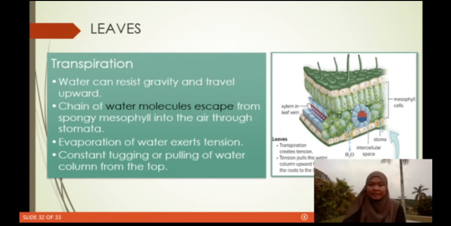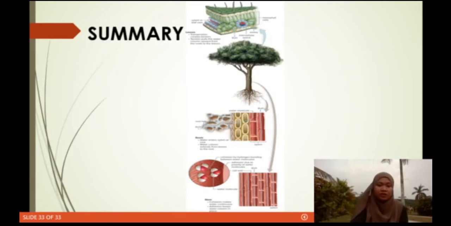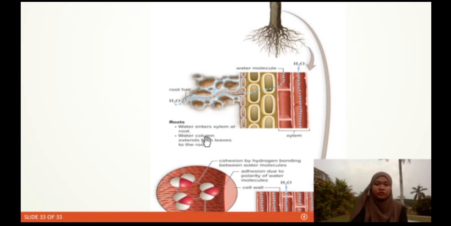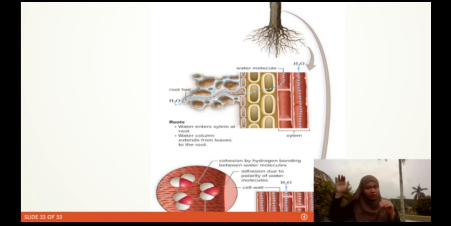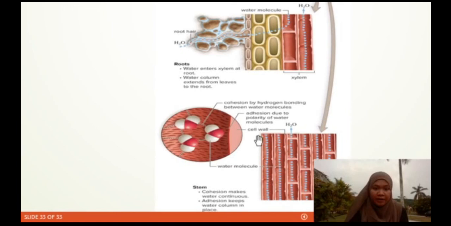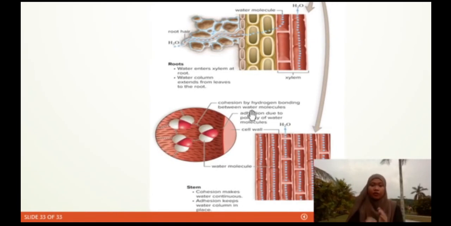That's all for the cohesion tension model. So let's talk about the summary. I will start with the root. Remember, there is root pressure because there is a solute difference. Higher water potential, lower water potential. Movement of water by osmosis, and there is root pressure. Then they travel into the stem. In the stem, cohesion is by hydrogen bonding between water molecules, while adhesion is because of the polarity of water.